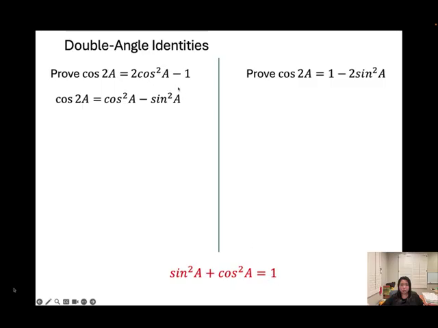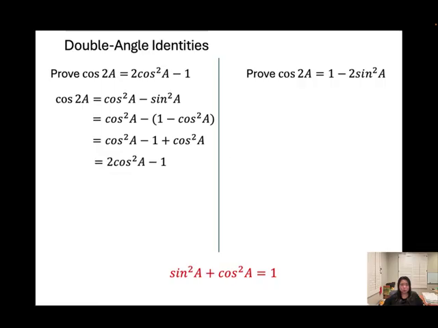We want to get rid of sine squared A. So sine squared A will be equal to 1 minus cosine squared A. I use this identity here. Now, I'm going to distribute the negative. So I will have cosine squared A minus 1 plus cosine squared A. So combine the like terms: 2 cosine squared A minus 1.